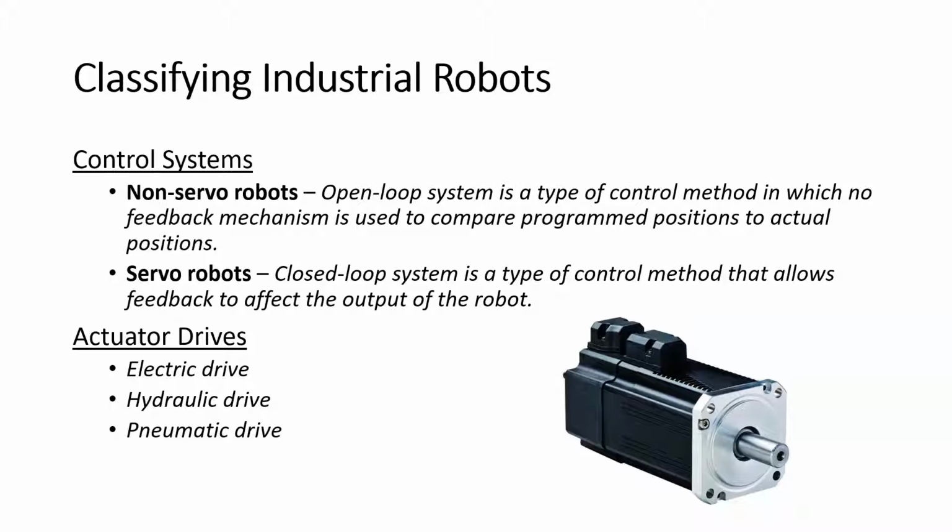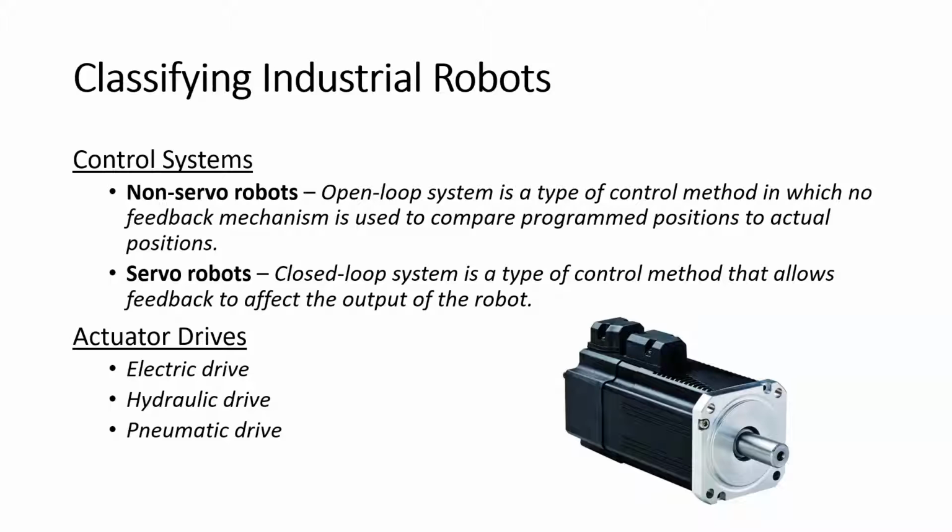And it checks to see whether it's there yet by checking on how much the shaft on the servo motors rotate. And then if it's not there yet, it continues to move. And it continues doing that until it gets there, and it checks the position, and it says, yes, we're there. All right. So that's a servo robot. Closed loop system. Feedback is involved in that. We're going to talk about closed loop systems in a second, but our robot and most industrial robots are servo robots.